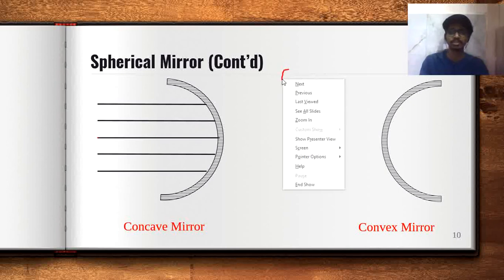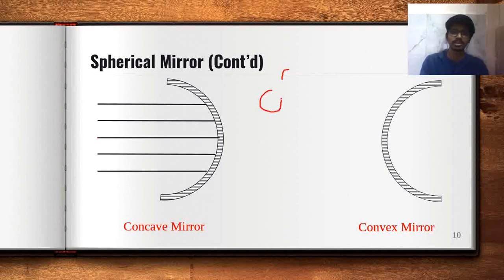Just to understand first, let us consider a circle. This is the center, this is the diameter and this is the radius. Similarly, there will be a radius here, and that line is called the principal axis.